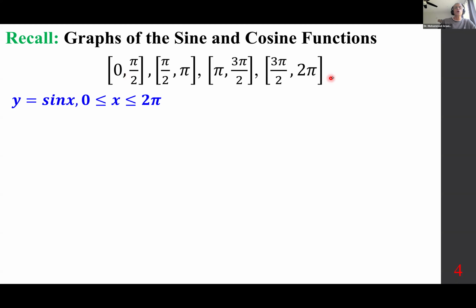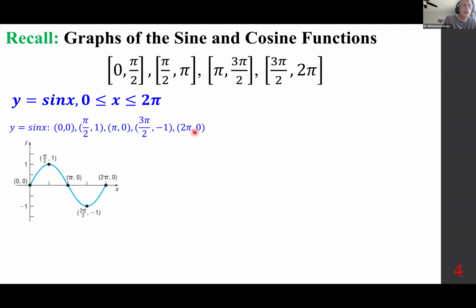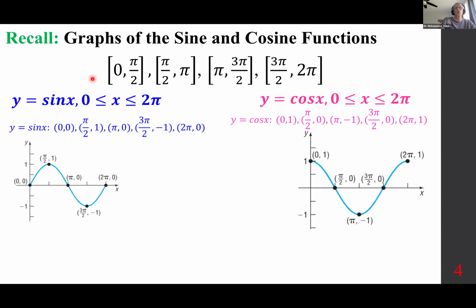So we cut it into 4 equal parts, resulting in 4 arcs. And so we write the endpoints. This is 1 arc, 2, 3, 4. Y equals cosine x, same thing from 0 to 2 pi. Cut it into 4 sub-intervals, giving us 1, 2, 3, 4 arcs.